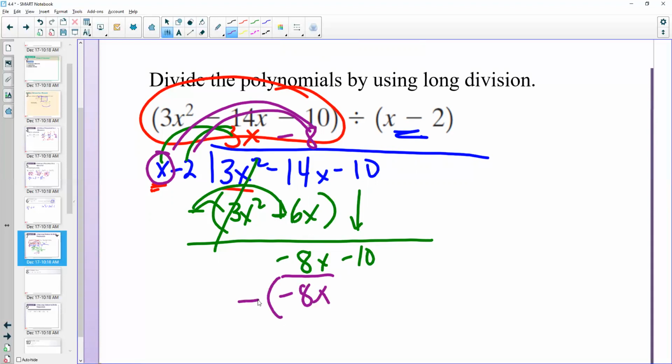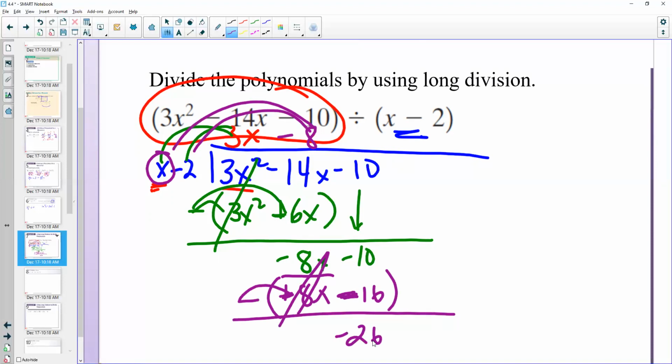Remember, I'm subtracting the whole thing. Negative 8 times negative 2 is plus 16. Okay, so I'm going to distribute my negative. That becomes a plus. That becomes a minus. These guys cancel. This becomes minus 26. So my answer is what I got up here, which is 3x minus 8.